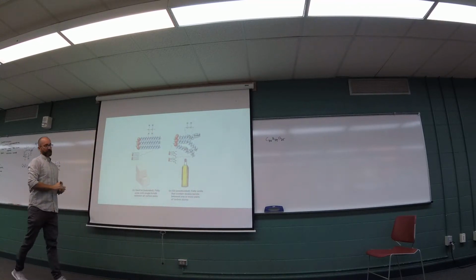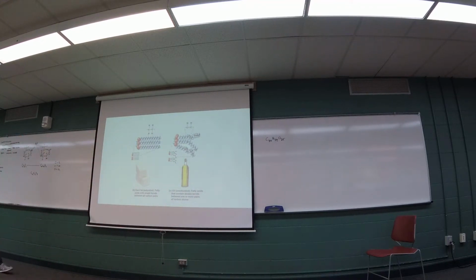I think that works. So let's say we have that polysaccharide right there: C30H55O25. The question is, how many monosaccharides are stuck together, and how many times has dehydration synthesis occurred? So what do you think?